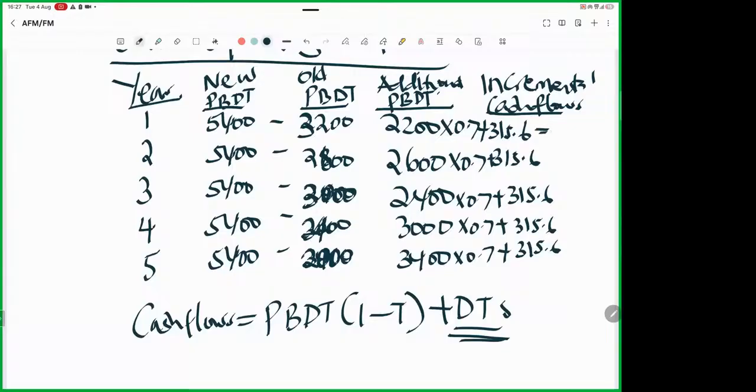If you do it this way, you will be able to give me the annual cash flows very easily. So you take 2,200 times 0.7 plus 315.6. You tell me what figure we are able to get. 2 decimal places.